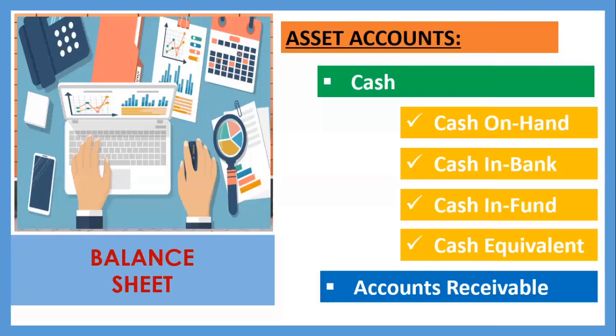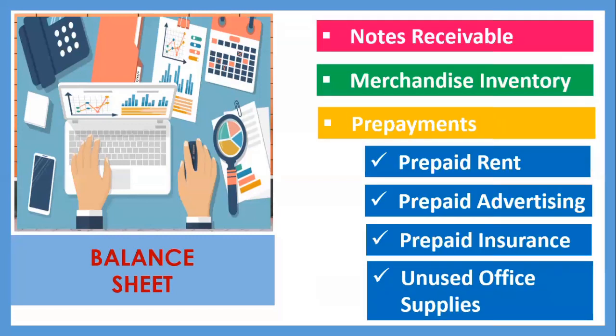Next, we have notes receivable. If we say notes receivable, this refers to account receivable or collectible of the company and is supported by a promissory note. And next, we have merchandise inventory. If we say merchandise inventory, it refers to the merchandise of the company intended for sale in the course of its business operations.